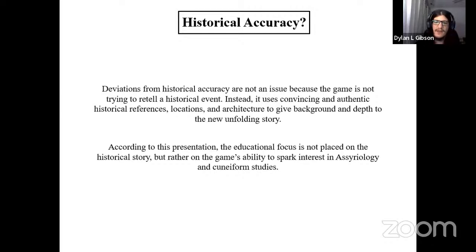So the educational focus of this specific presentation was a lot more on trying to spark an interest in Assyriology and just showing you what the process is that Assyriologists would do to try and figure out cuneiform inscriptions. And now, luckily enough, we have a game example that we can look at that actually has inscriptions that make sense. Yeah, I think I'll check to see if there are any questions.